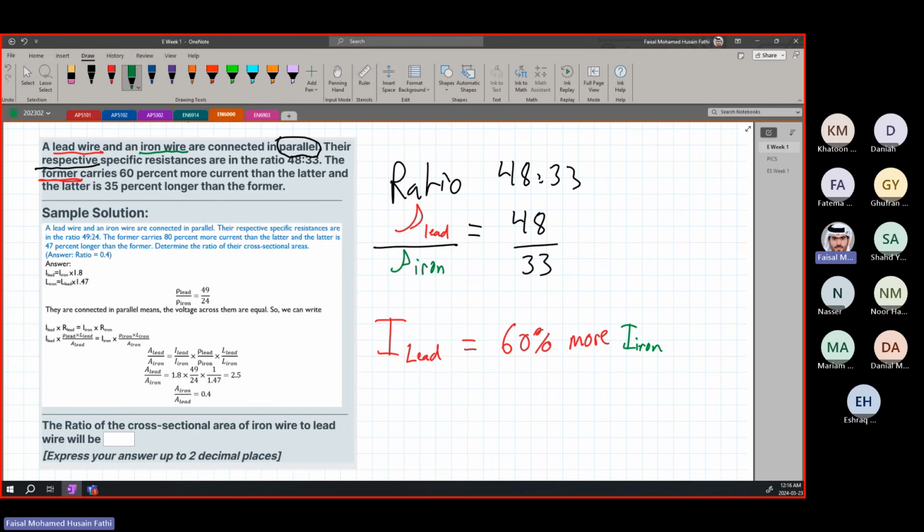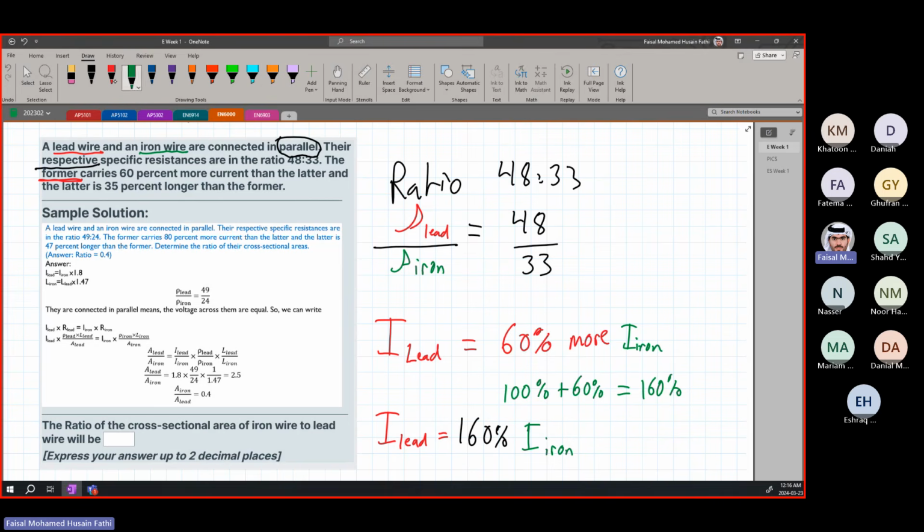Okay? What does this mean? Again, when they're saying a 60% increase, this basically means 100% plus 60%, which is equal to 160%. So if I rewrite this, I of lead is equal to 160% of I of iron.